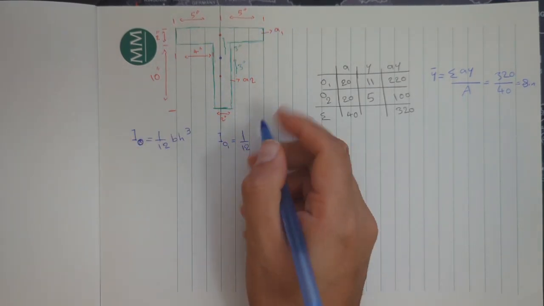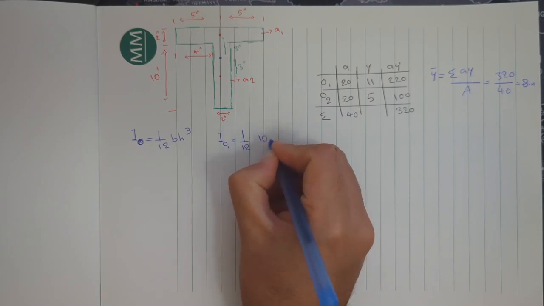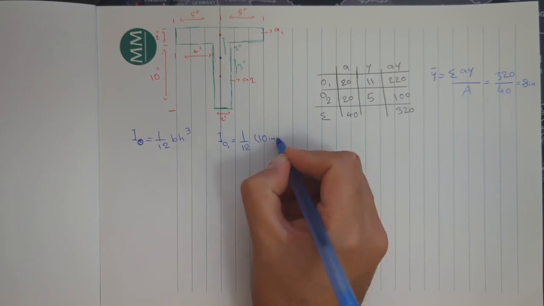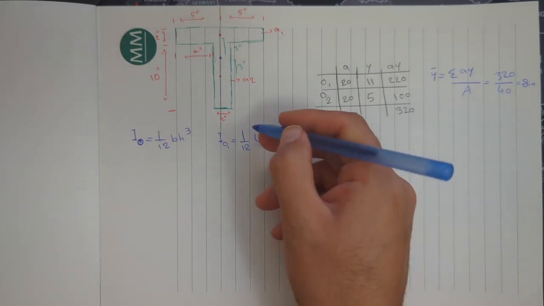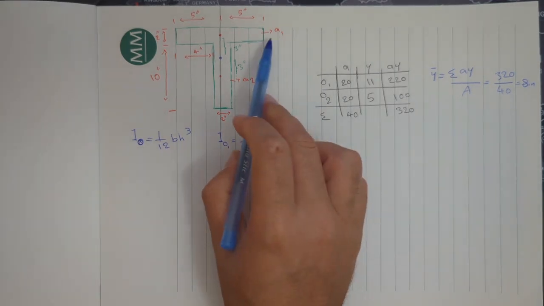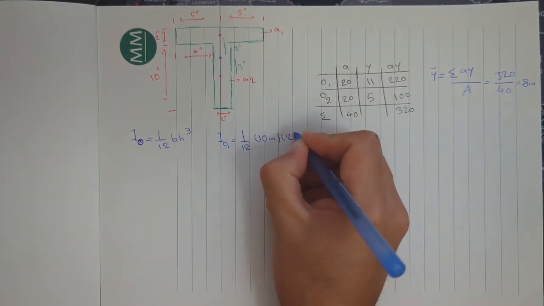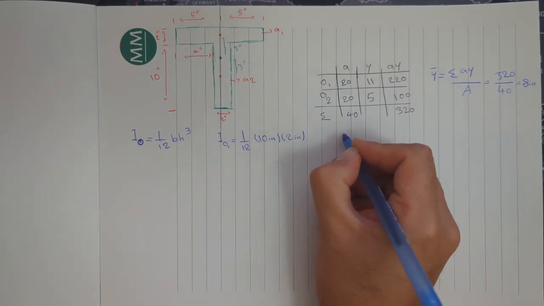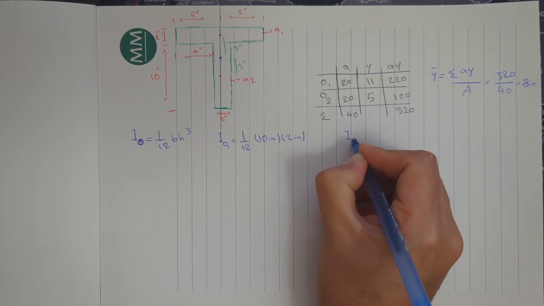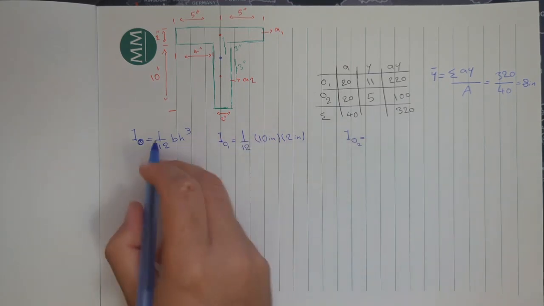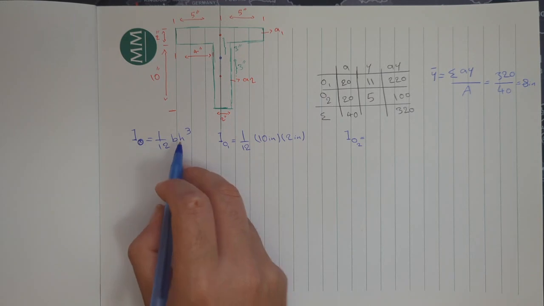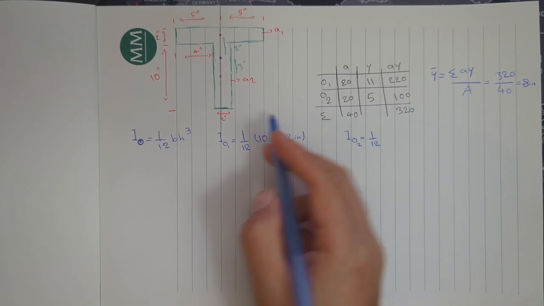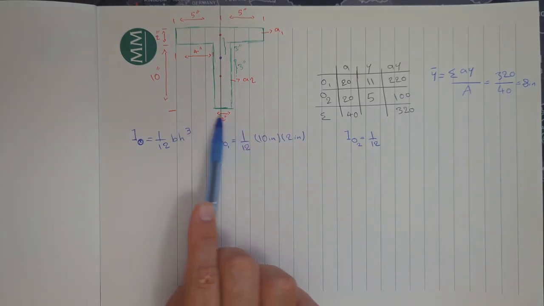Base is 10 inch. What's the height? The height for object number 1 is actually 2 inch. And Io2. So again, 1/12 BH cubed. What's my base for object number 2? My base is 2.